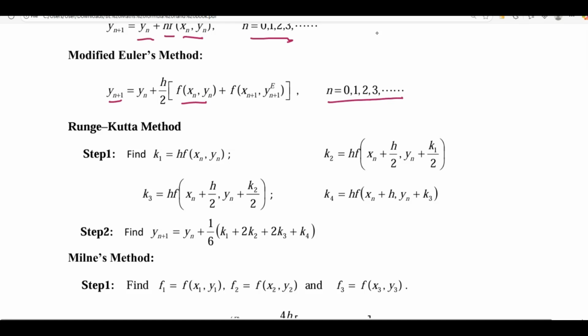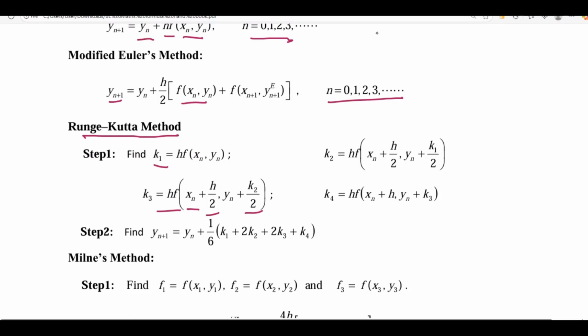The Runge-Kutta method, step 1: we take k1 equals h f of xn comma yn. Then k2 equals h f of xn plus h by 2 comma yn plus k1 by 2. Then k3 will be h f of xn plus h by 2 comma yn plus k2 by 2.